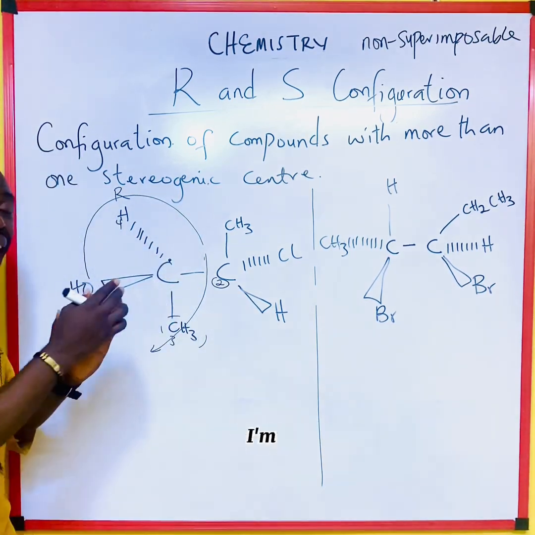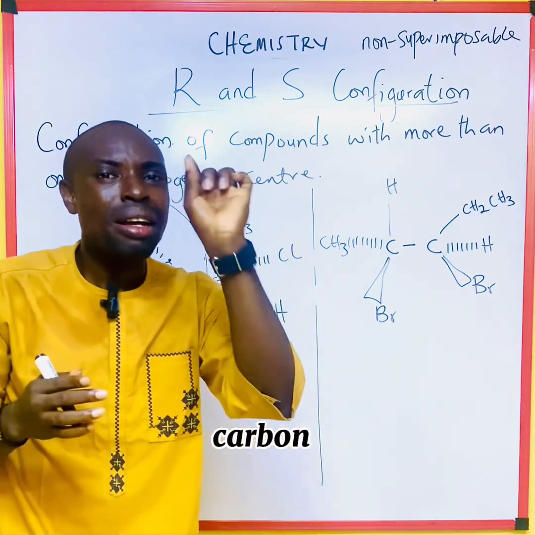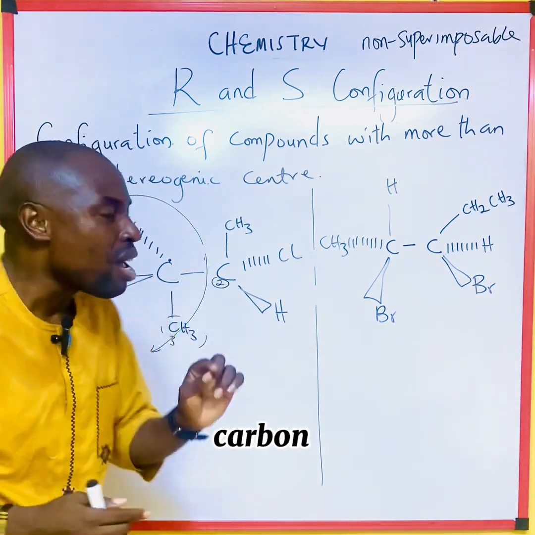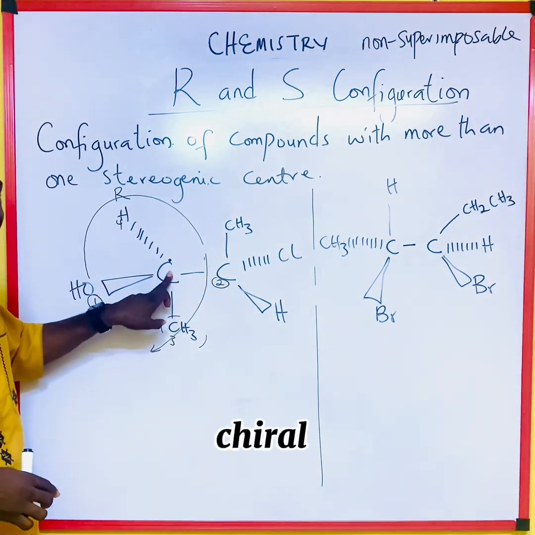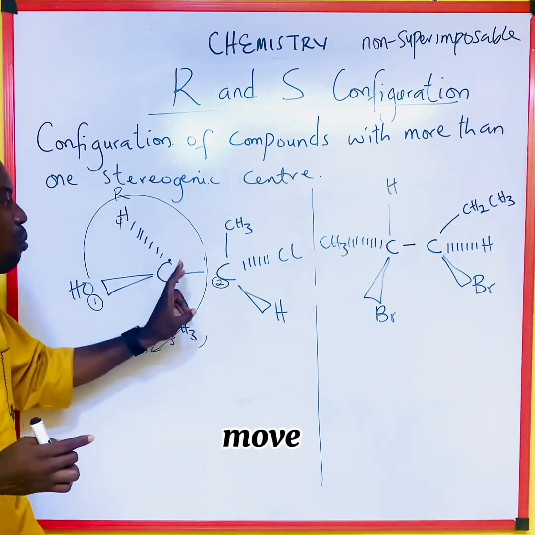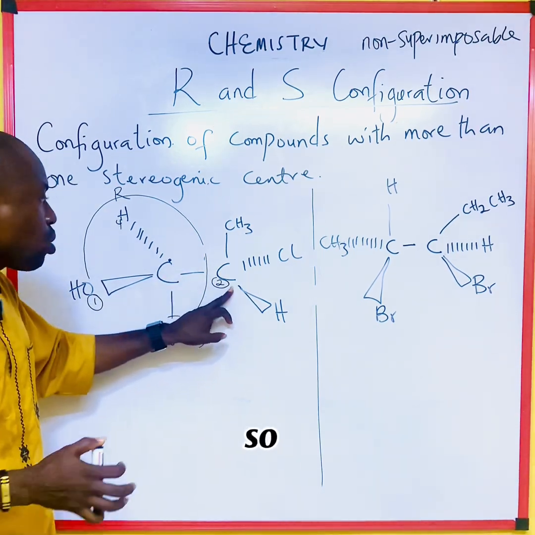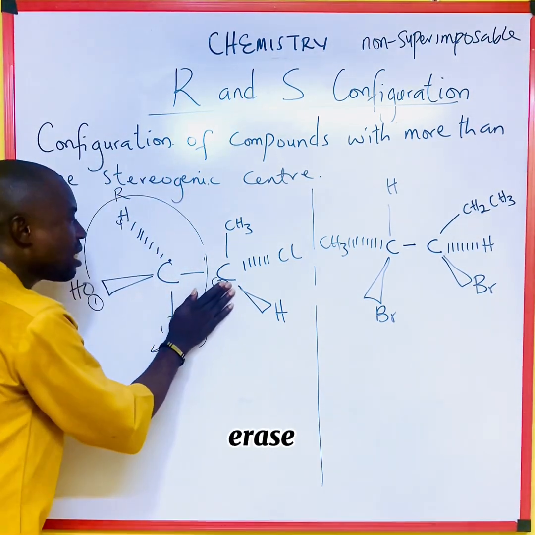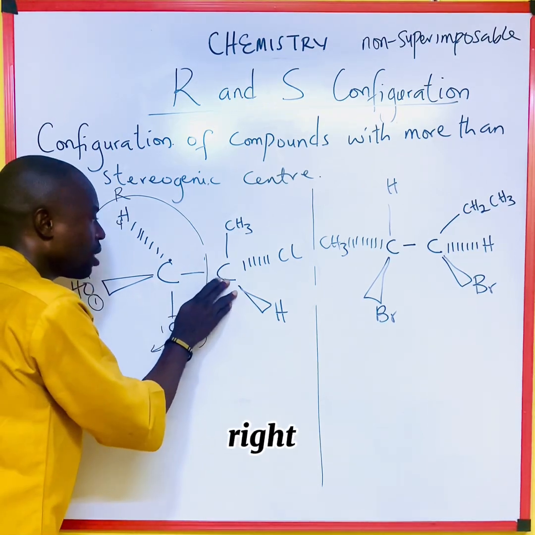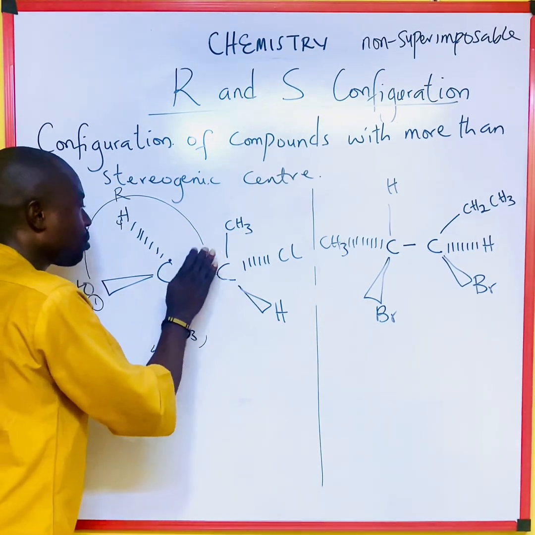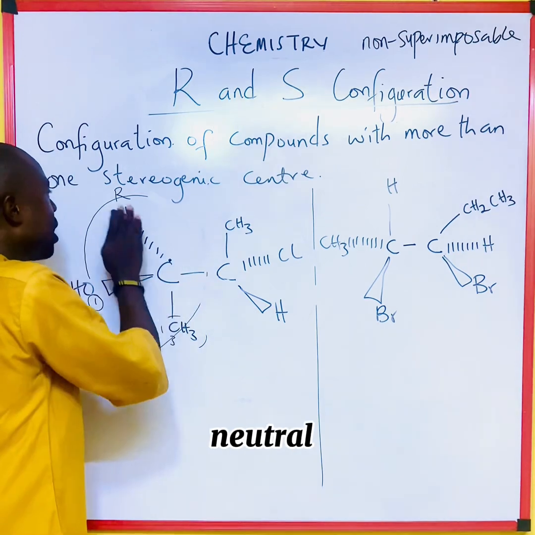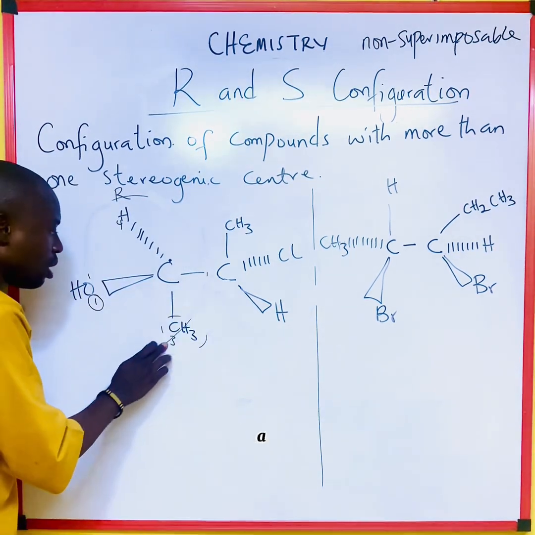Now, I'm considering it chiral carbon by chiral carbon. I have been able to identify this chiral carbon. The next step is to move to the next chiral carbon, and in doing so I will need to erase this to stay neutral here. This is rough work.